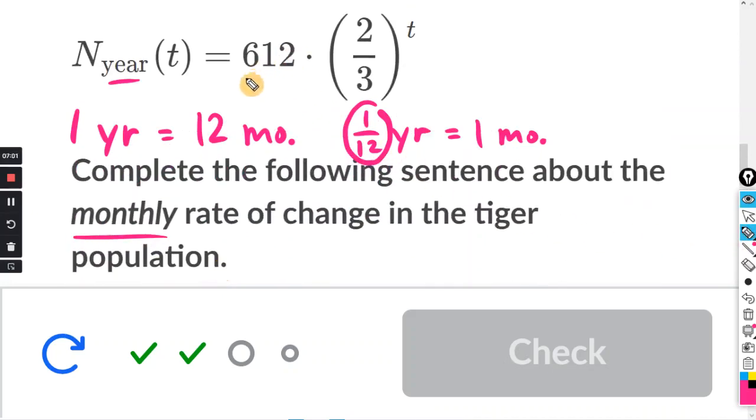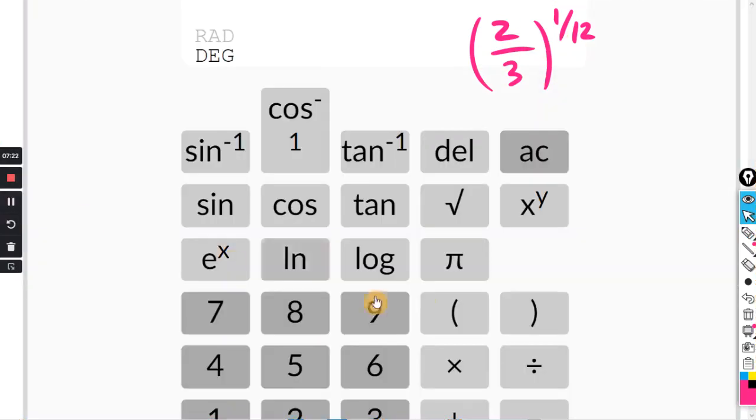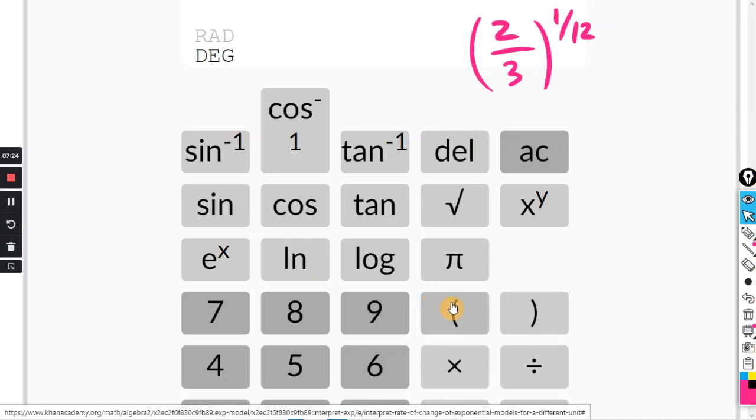So we don't need the 612. We just want to see what it's being multiplied by each time. So I'm going to take the 2/3 and raise that to the power of 1/12, because that would represent 1 month. So I'm going to do this on the calculator. Use parentheses on the 2/3.